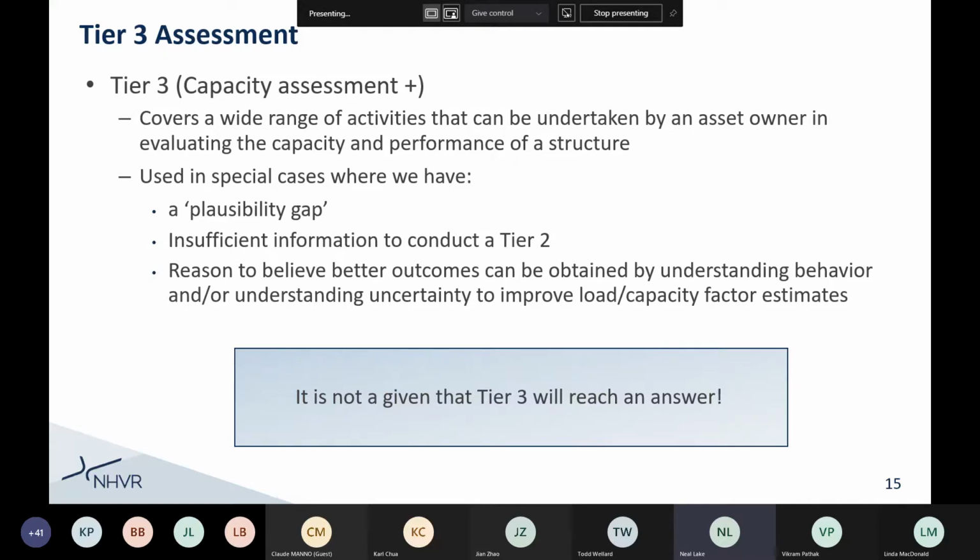It's a very tricky area, and it's a very specialized skill set that's needed for this kind of work. Sometimes we do tier 3 assessment when we don't have enough information to conduct tier 2.